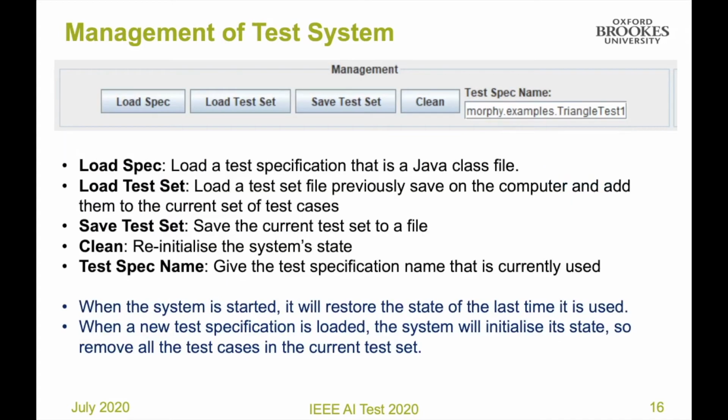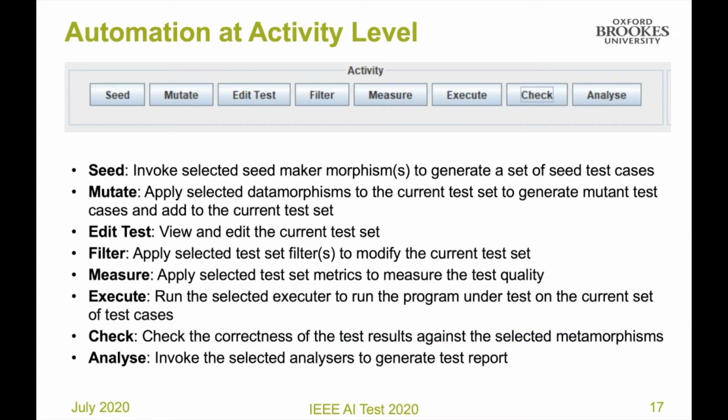The management of test system consists of a number of buttons to load the specification, to load the test set, to save test set, and to clean up the state of the system. The activity level test automation is supported by a set of buttons which you can click to invoke corresponding test morphisms.